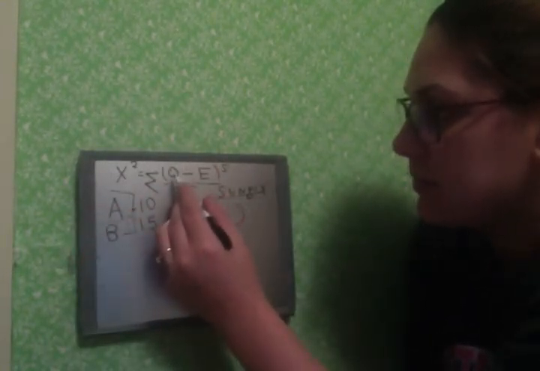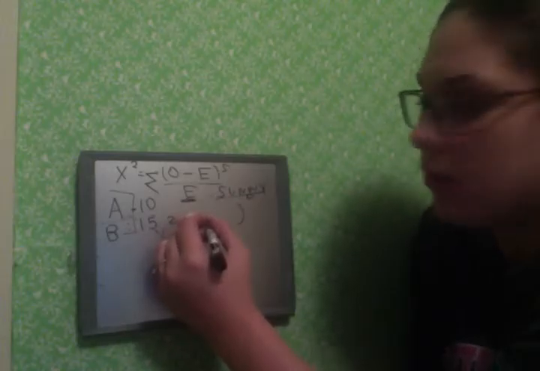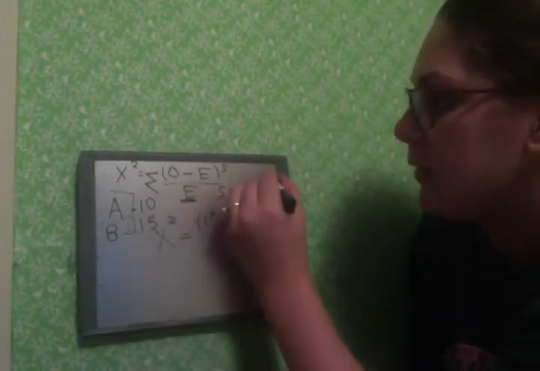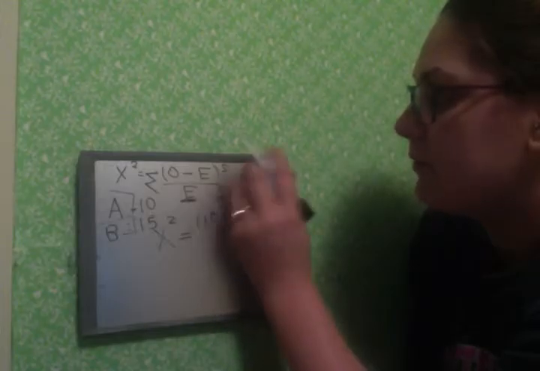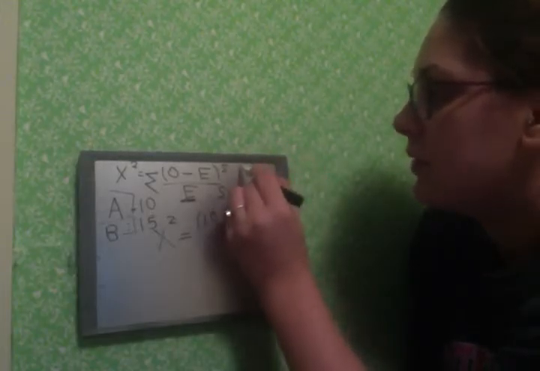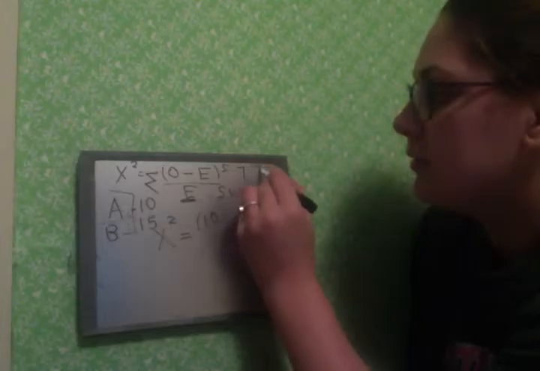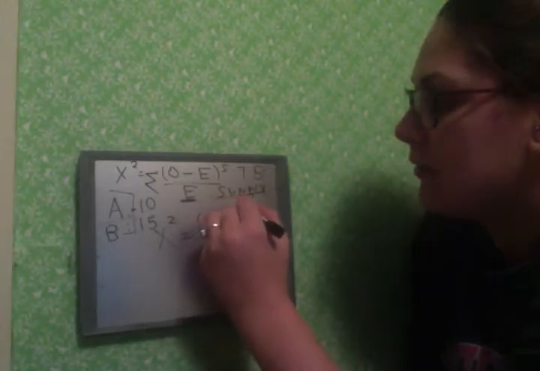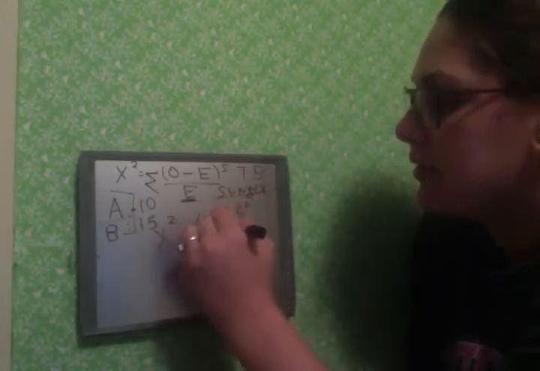So it's going to be the observed, which is 10, minus your expected, which remember was the 30 divided by 4, which was 7.5, squared, over 7.5.